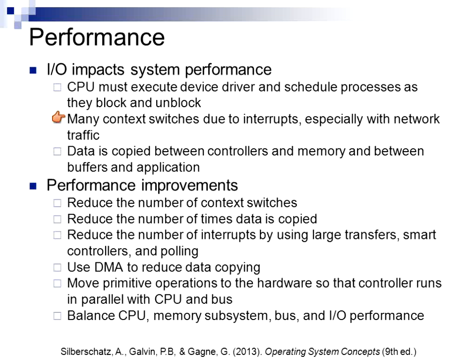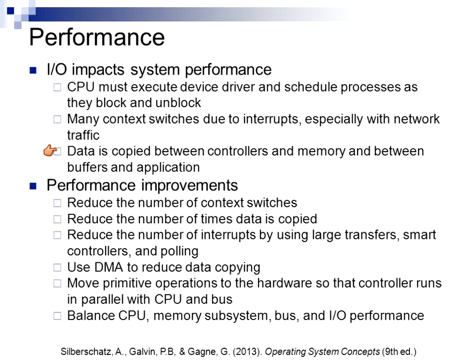And even more so than with disk or other I/O devices, with network traffic, there's a lot of interrupts. Think about when we do things all the time over the web, and that's causing interrupts all the time as data is coming to your system or flowing out of your system.